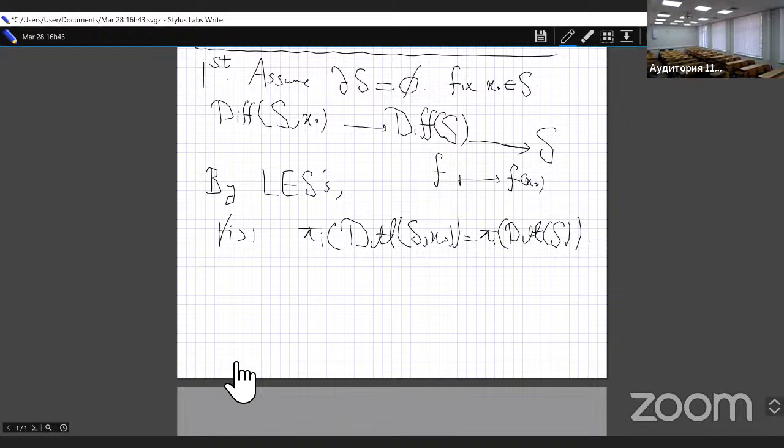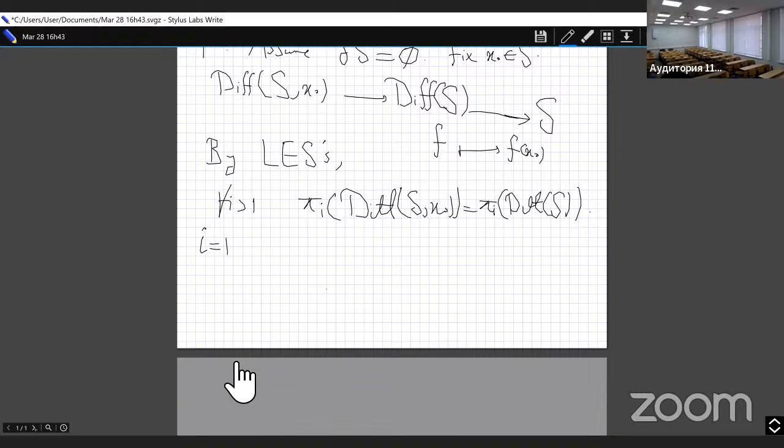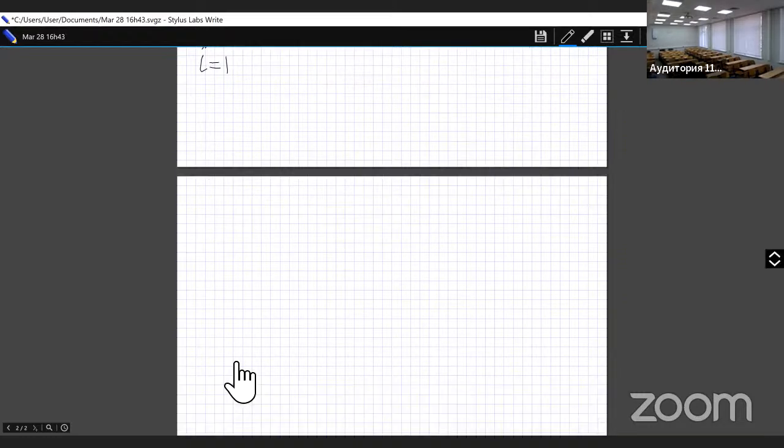There's nothing to explain. And for the case when i is equal to 1, I claim that we have the same thing, not only for i more than 1. And the reason is this: let's write the terms of the sequence. For i equal to 1, just look at the terms of the sequence.